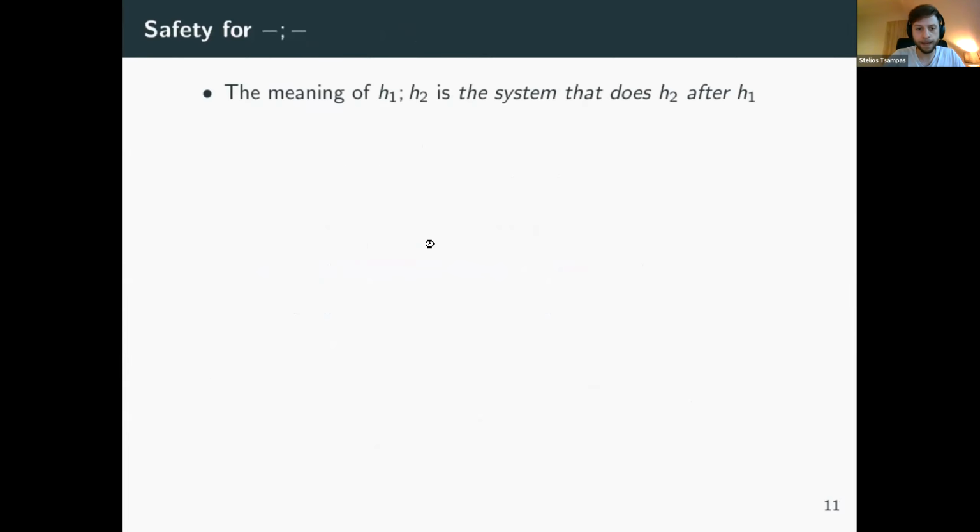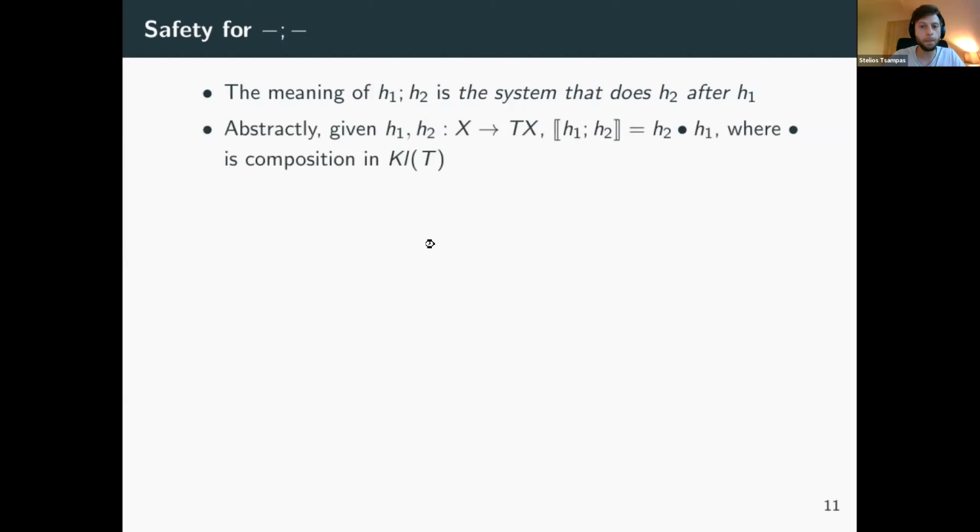So let's talk about the safety for the semicolon operator, the sequential composition. Like I said, the meaning of H1 after H2 is the system that does H2 after H1. Abstractly, we can say that the meaning of H1 after H2 is basically the Kleisli composition of these two coalgebra programs. And we want to show that this is safe.